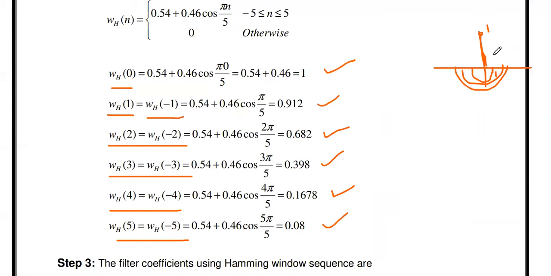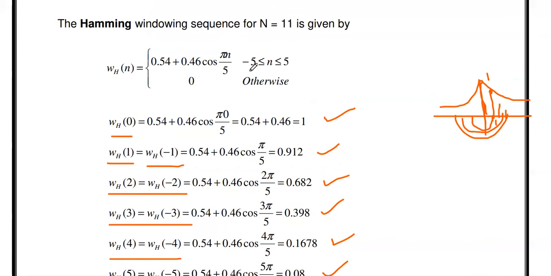Then at n equal to 1, the value decreases to 0.912. Then n equal to 2, it decreases again to 0.682, then 0.398 and so on. Whenever the time increases, the windowing sequence value decreases. So the Hamming window values we calculated are for n between minus 5 and 5.